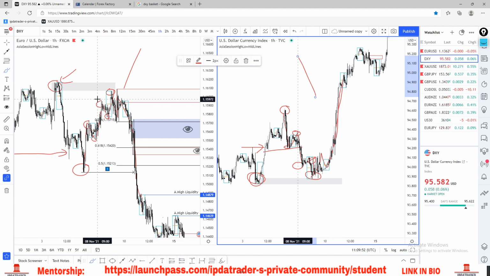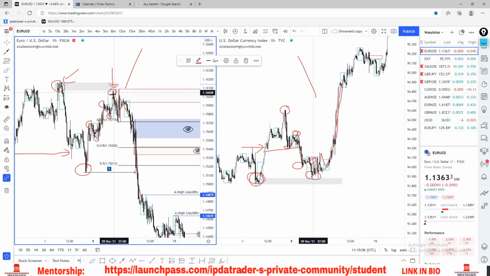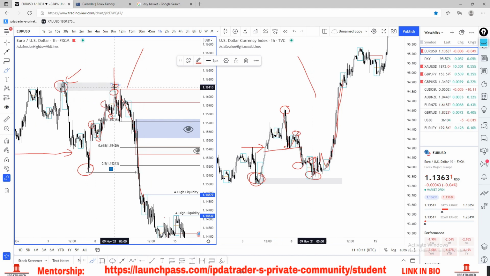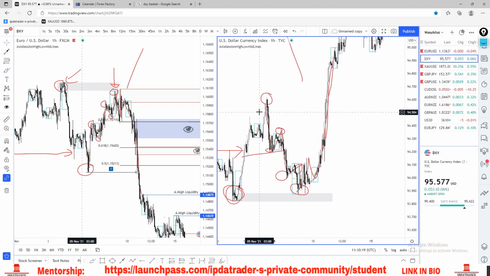Well, now the next time you want to be trading Euro USD, you can have that DXY pair to your right, and you can look for that confluence in information, right? If you want to, let's say, take sells on Euro USD, for whatever reason that may be, let's say you were watching this POI over here, you can simply confirm that the DXY is also hitting some sort of valid demand zone.